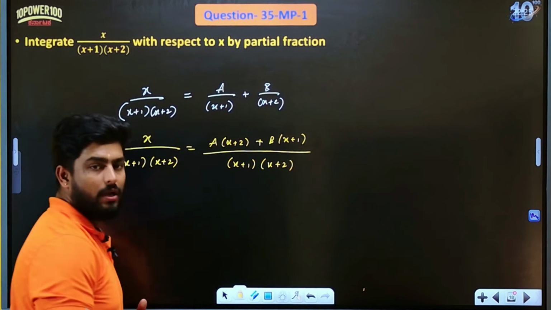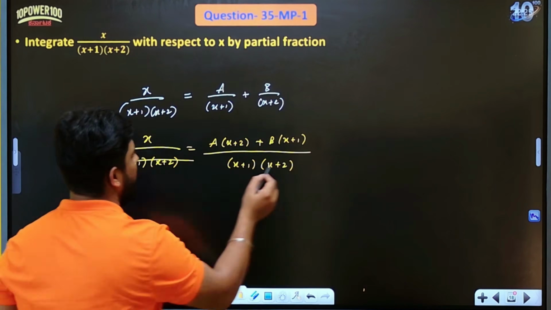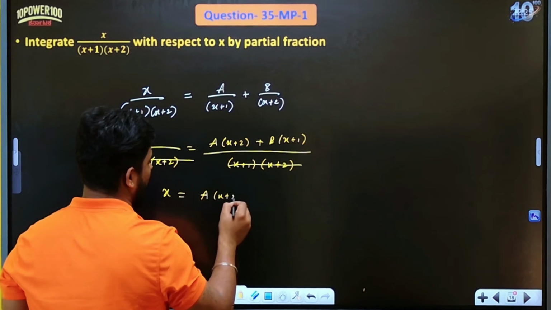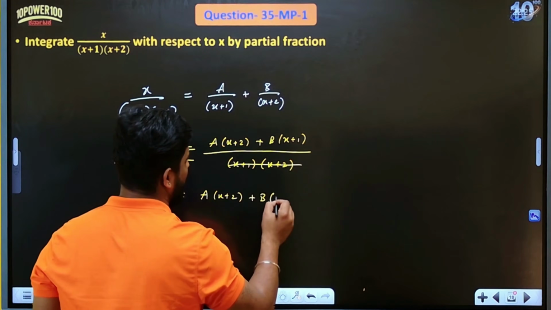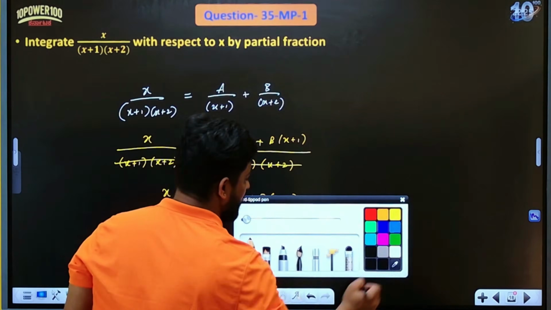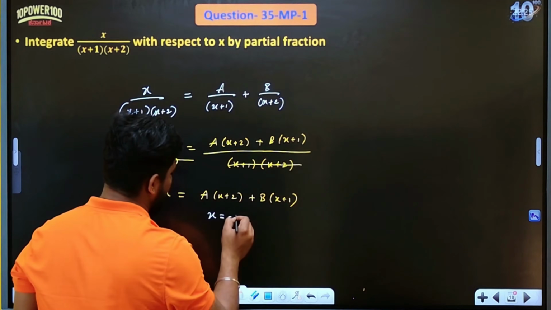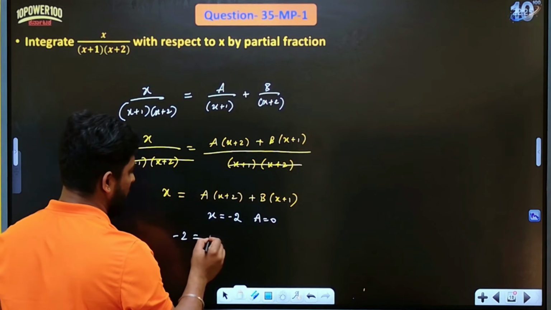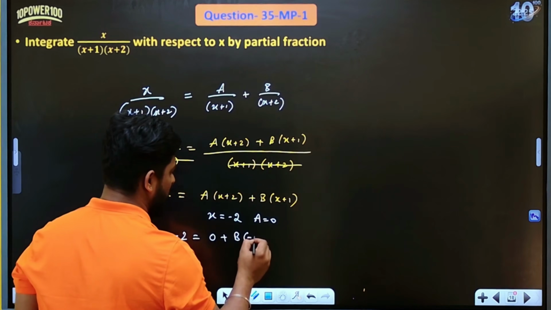x plus 2. So now the denominator cancels. So x is equal to a of x plus 2 plus b of x plus 1. Now it's simple. In this case substitute x is equal to minus 2, so a becomes 0. So minus 2 is equal to 0 plus b of minus 1.